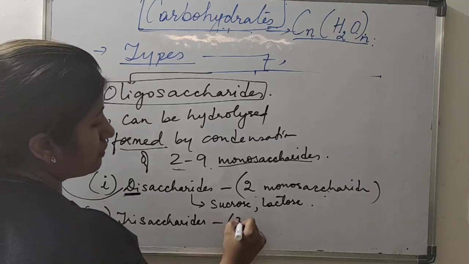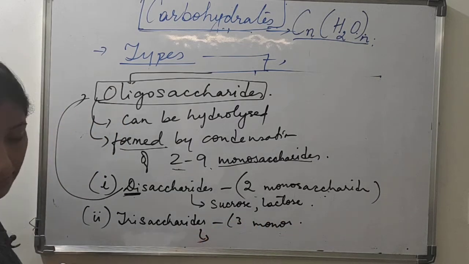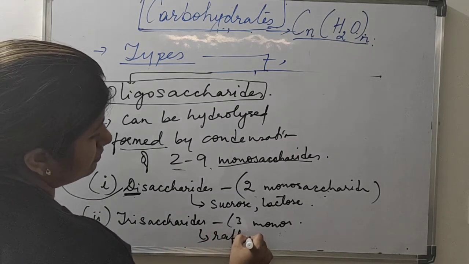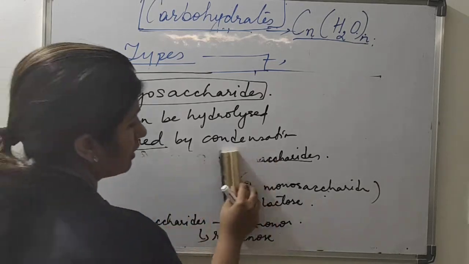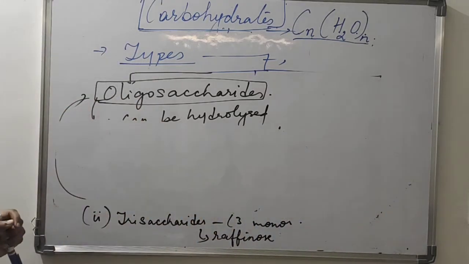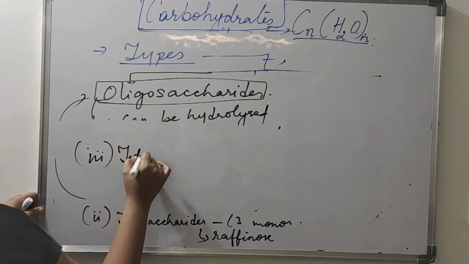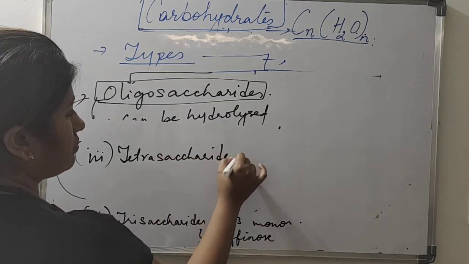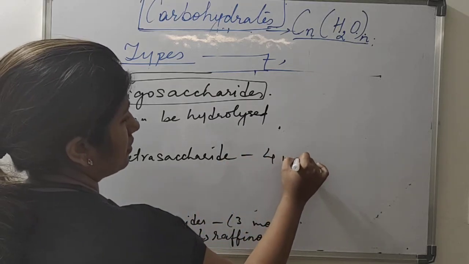Trisaccharides are made up of 3 monosaccharides. Example, raffinose. Then we have the last one, tetrasaccharides, which is made up of 4 monosaccharides.